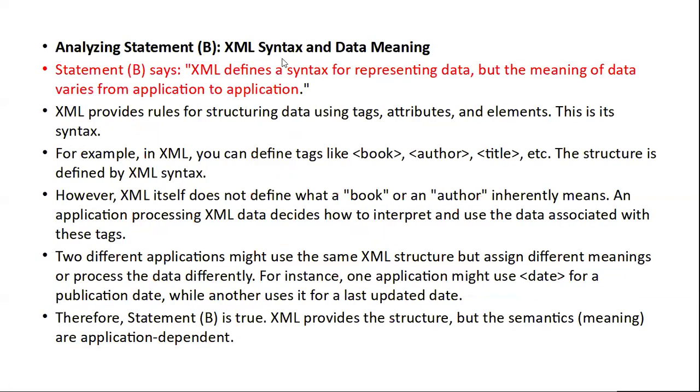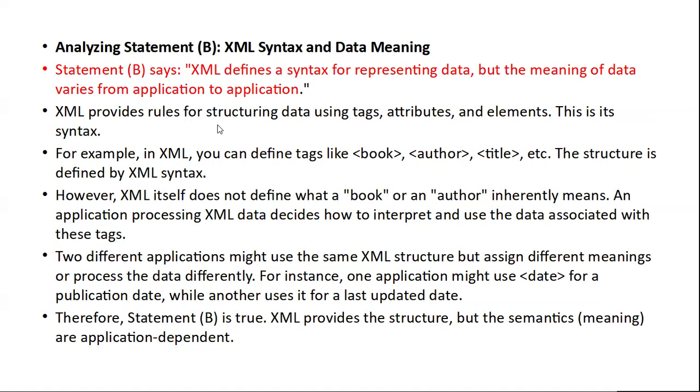Next statement, XML syntax and data. XML defines a syntax for representing data, but the meaning of data varies from application to application. That is true. XML provides rules for structuring data using tags, attributes, and elements.